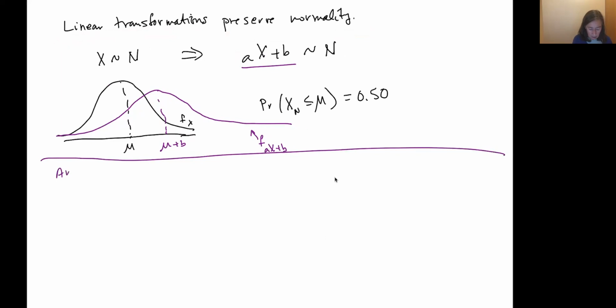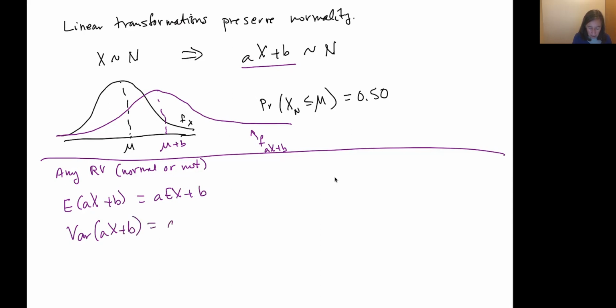For any random variable, normal or not, we know that the expected value of a linear transformation is the linear function applied to the expected value. That's always true. And remember, we also found that the variance of a linear transformation is a squared times the variance of X. So let's put all these facts together.